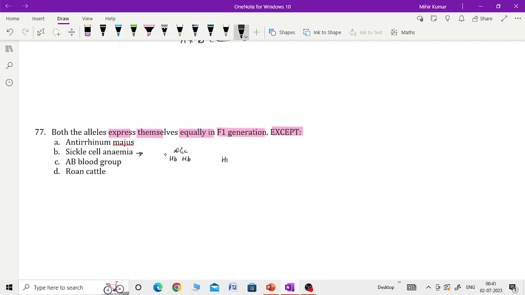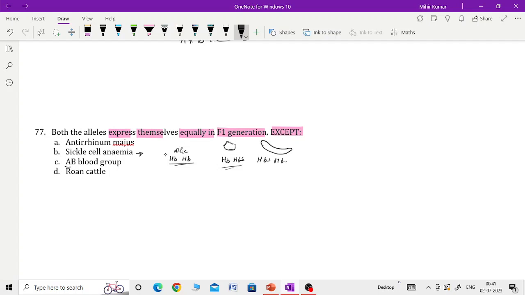But if one hemoglobin is normal and another is mutant, the heterozygous condition, then it is like this. But if HbS and HbS are there, then the cell is a sickle type. Means in the heterozygous condition they just change the phenotype. Means both alleles express themselves. So that is not a correct answer.